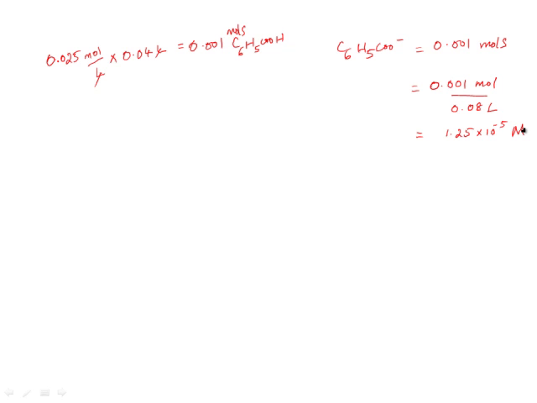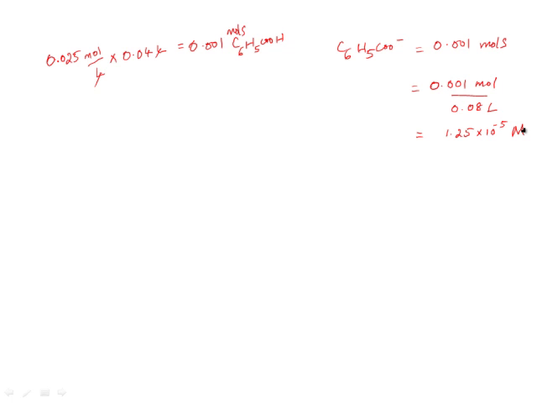Now we are going to assume that the benzoate ion is the weak base, so it will dissociate, and we already know the Ka value. So we are using the base dissociation constant.